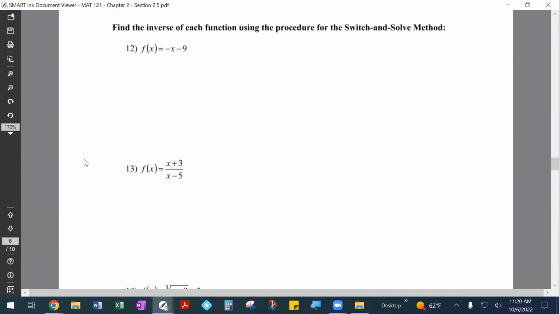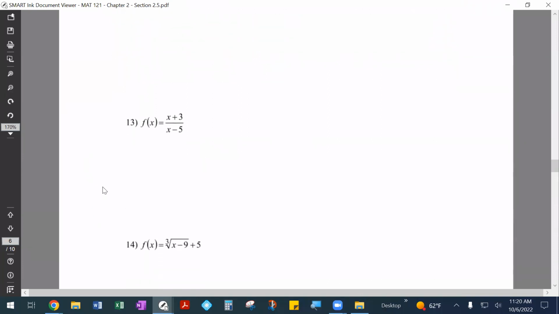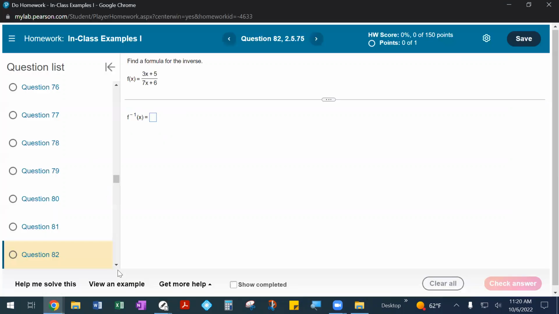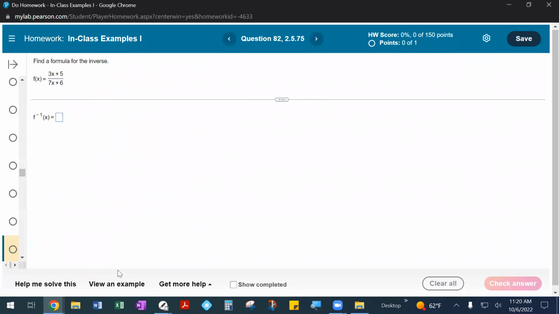There we go. So something similar to number 13. Let's take a look at how we can find the inverse for something like this. So this is the example we're going to be looking at.